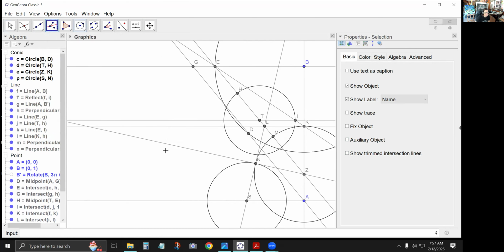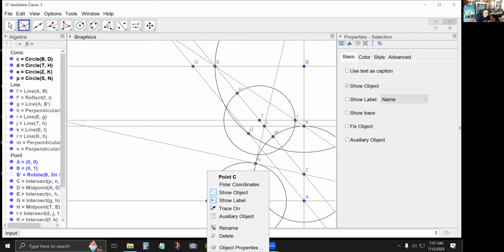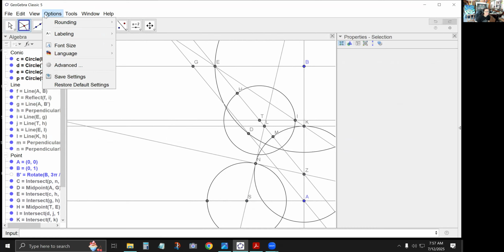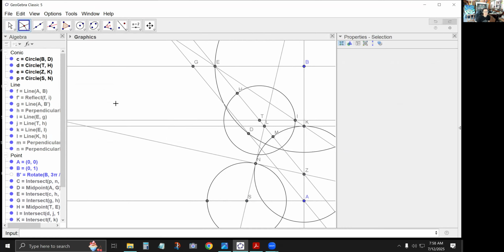And next I'm going to put in an angle. Nope, I want this point. I'm going to hide the label. So I'm not going to show any labels from here because in the rest of the construction only a couple more points in the compendium are labeled.